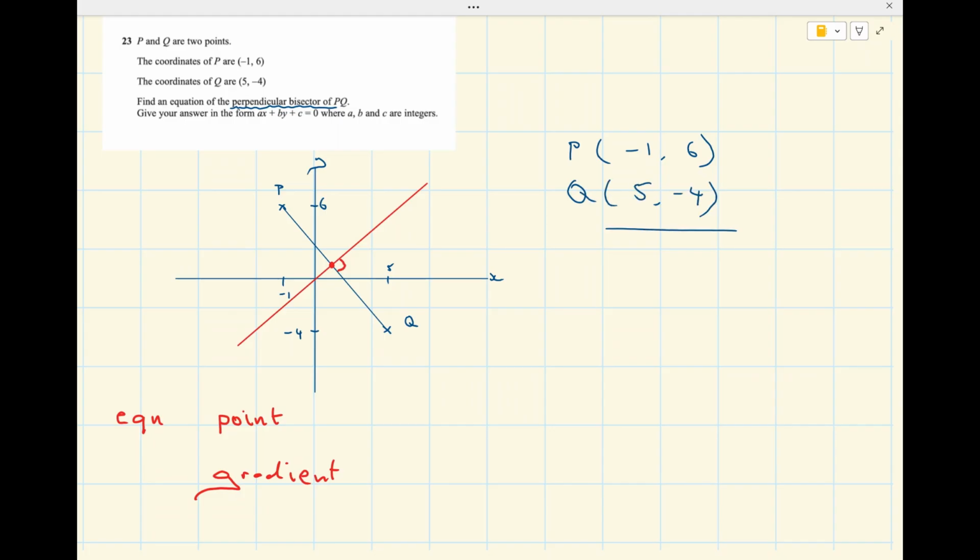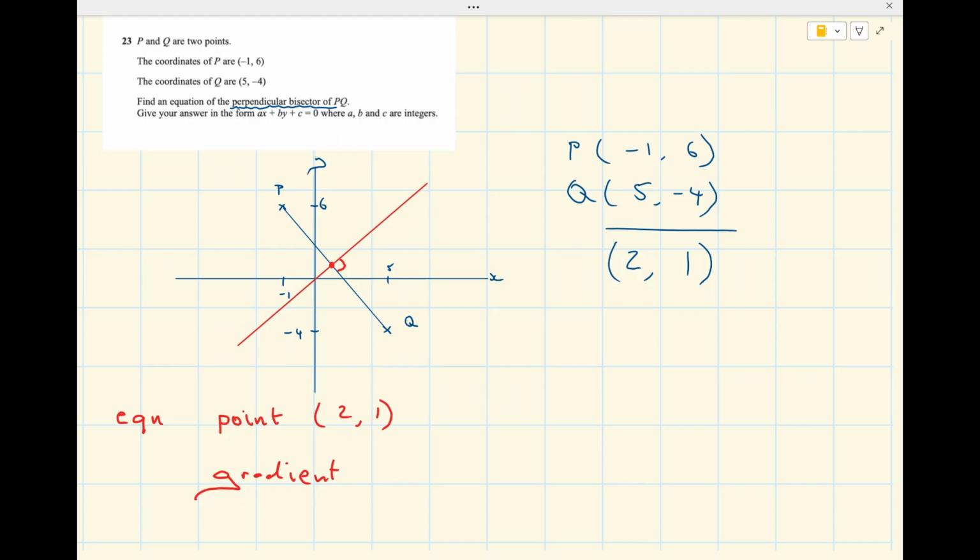So the midpoint: -1 plus 5 divided by 2, the average of the 2 x coordinates, and the average of the 2 y coordinates. 6 and -4 is 2, divided by 2 is 1. So the midpoint is (2, 1). So I do know a point on the red line. The red line goes through the point (2, 1).